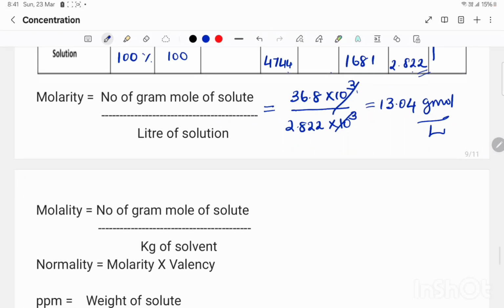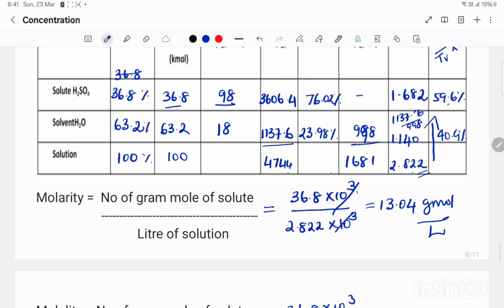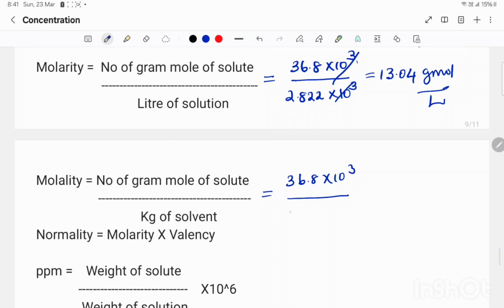Next, to calculate molality. Molality is gram moles of solute, 36.8 into 10 raised to the power 3, divided by kg of solvent. The mass of solvent is 1137.6, so you will get 32.34 gram mole per kg, the molal concentration of the H2SO4 solution.